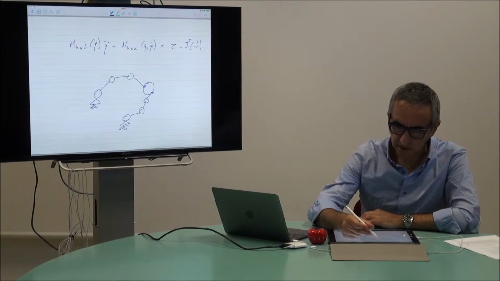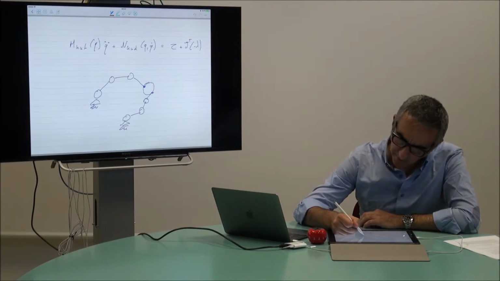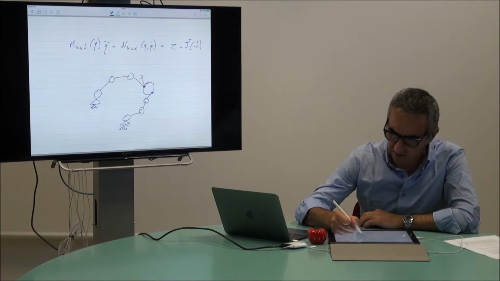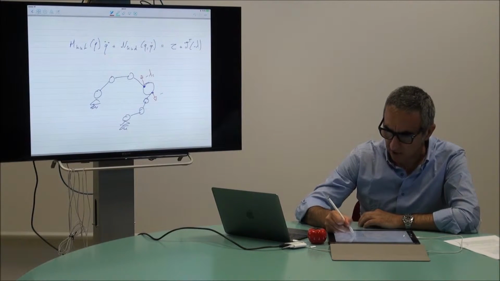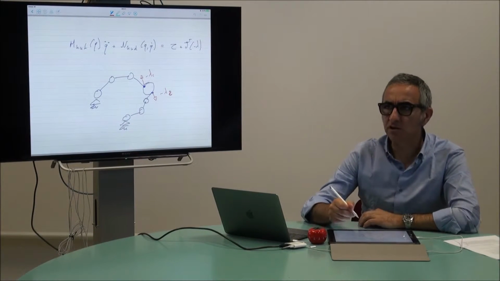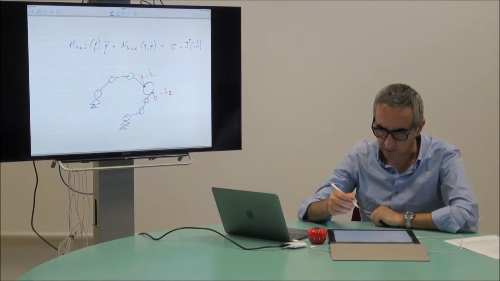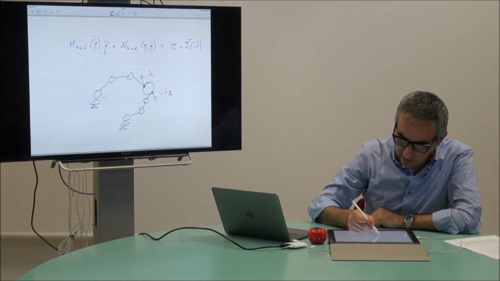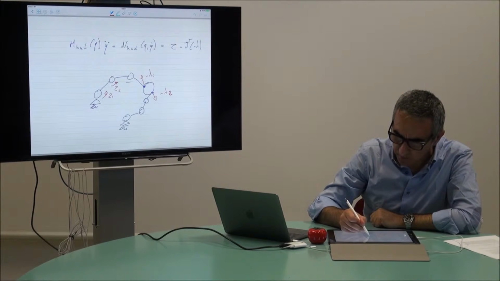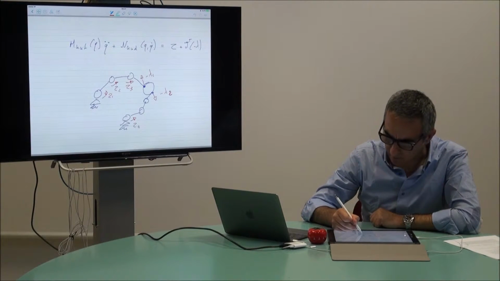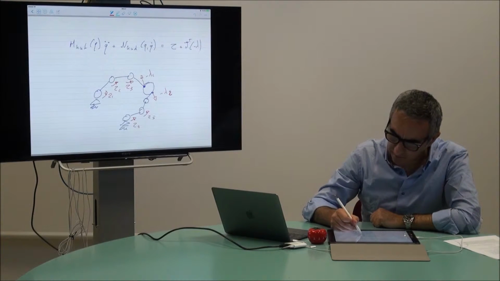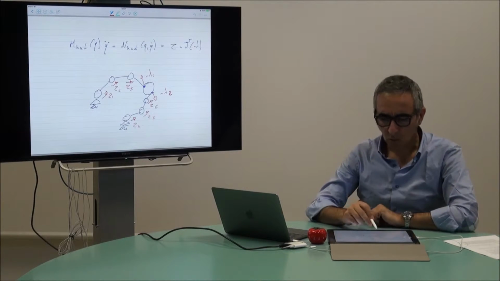Then at this contact you have a reaction force that I call minus lambda 1 here, and a reaction force that I call minus lambda 2. Of course, to these two forces you have lambda 1 and lambda 2 in the other direction. And then you have the torques, tau 1, tau 2, tau 3, tau 4, tau 5, and tau 6.